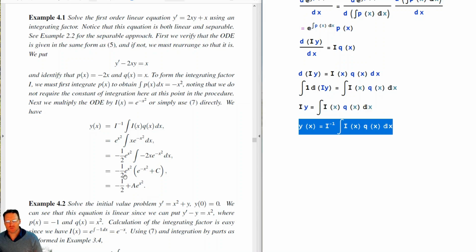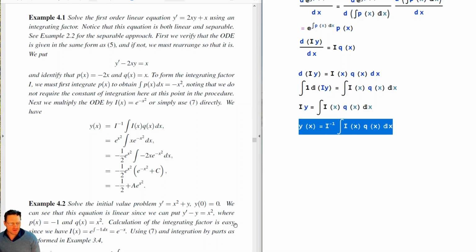But when we multiply minus 1/2 e to the x squared times c, we have minus 1/2 times c and then times e to the x squared. So we can just declare a new constant a at that point to keep this tidy. And so we have our general solution. y of x is equal to minus 1/2 plus a e to the x squared. All right, so that's a fairly simple example. So let's move on and look at another equation.